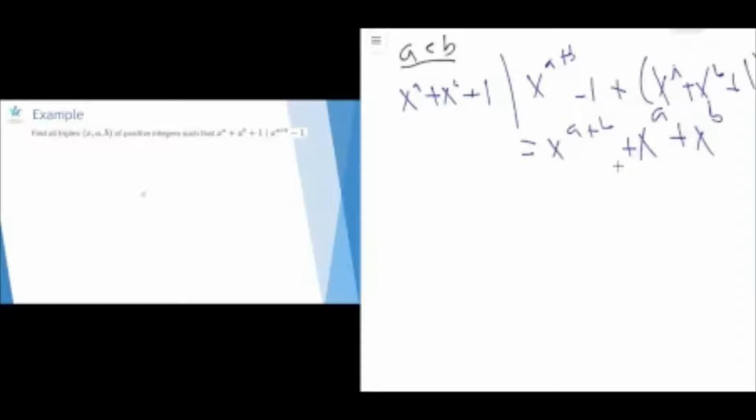Why? Because x to the a divides x to the a plus b, it divides x to the a, and it divides x to the b because a is less than b. So we can factor out x to the a.